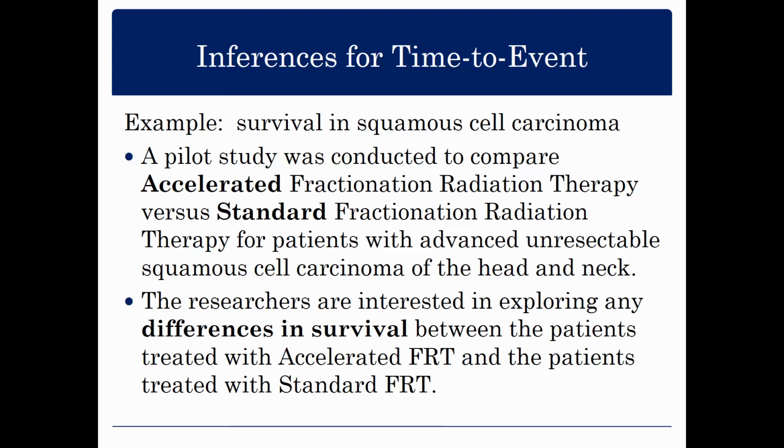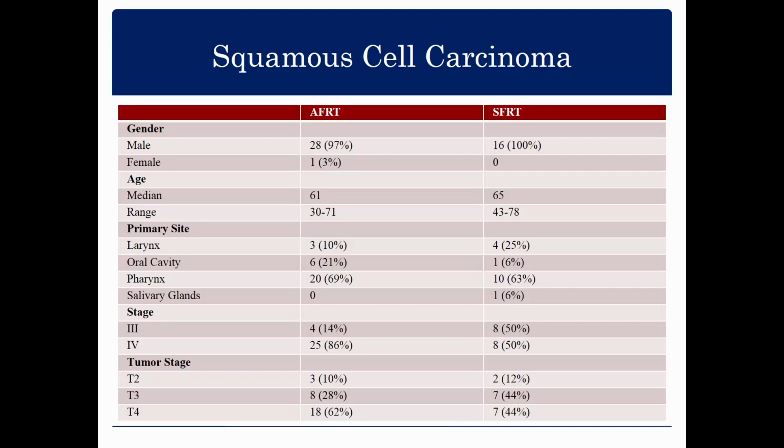It's a pilot where they went back and took a look at medical records to see whether individuals who received an accelerated radiation therapy had any better survival outcomes versus those who received standard radiation therapy. The researchers here are interested in exploring any differences in survival between the patients in those two groups.